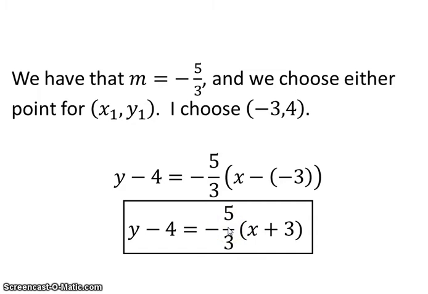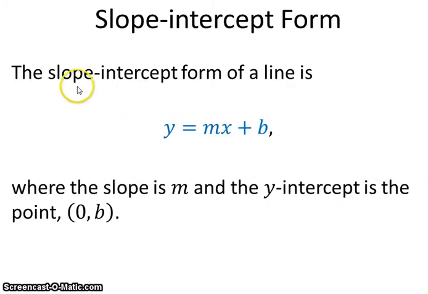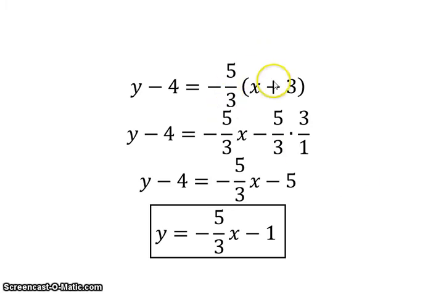From here, we can easily get our slope-intercept form, which is the form that you're probably most often using, the y equals mx plus b form, where m is our slope and b is our y-intercept. So all you have to do to get this form from the point-slope form is to distribute through the parentheses.